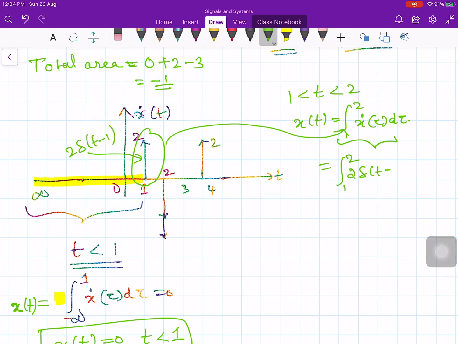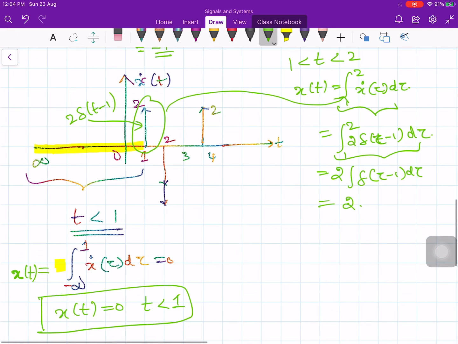So you take 2 outside, del of tau minus 1 d tau, and the area under this function is 1. So this is 2 units.